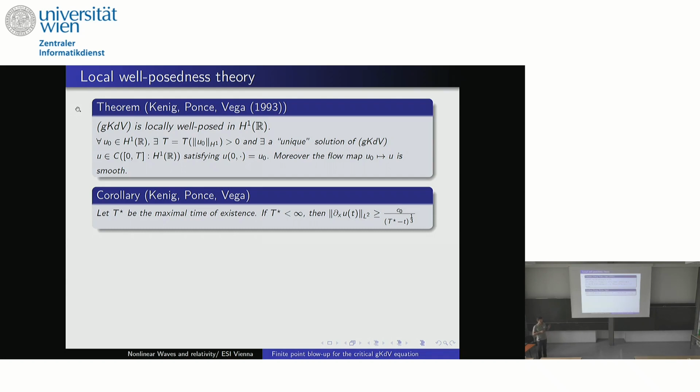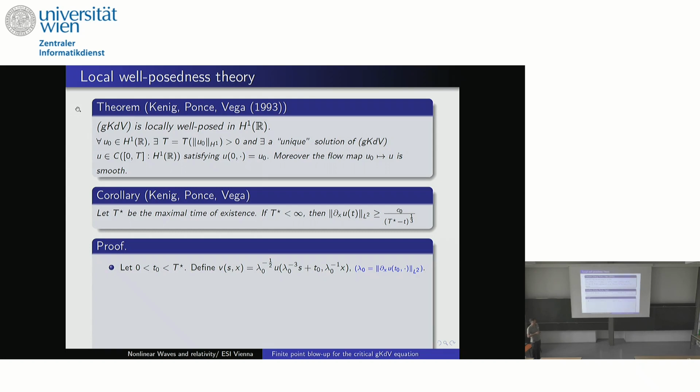The proof is very simple if you know the well-posedness theory. So let me just go over it. Assume that t* is finite and then fix a t0 strictly smaller than t*. Then you look at this rescaled solution v, which due to the scaling invariance is also a solution of gKdV.